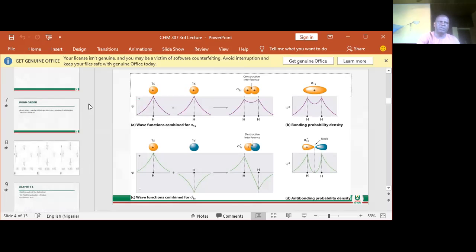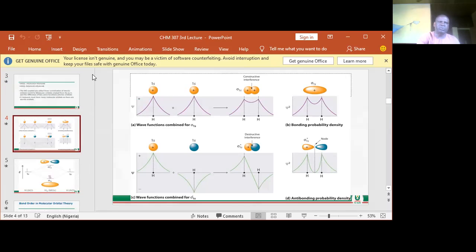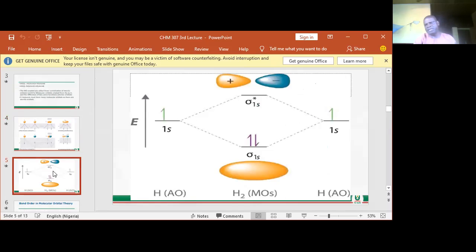If we try to go forward and pick the molecular orbital diagram, like we discussed in our previous class, you have a construction of the molecular orbital diagram. You have on both sides, left and right, the atomic orbitals, which are intermediate in energy.